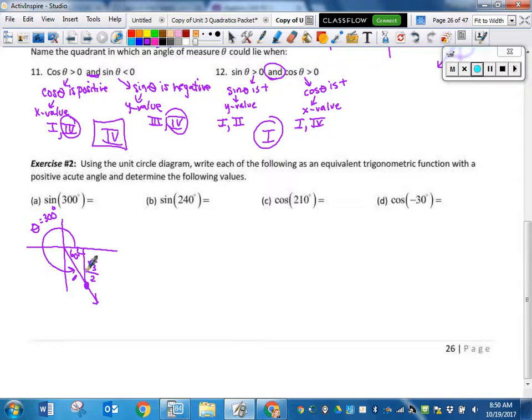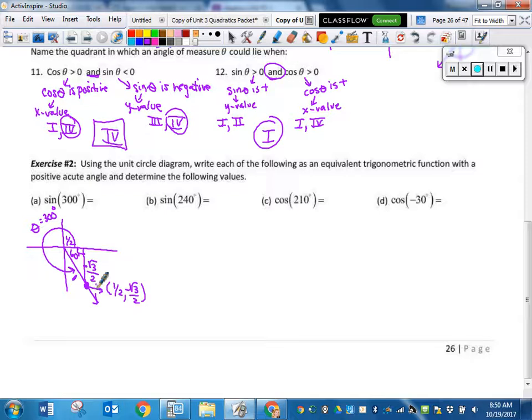But I'm going down, so I need a little negative there. Okay? And my x value, which would be opposite the 30, would be 1/2, and I'm going to the right, so I'm going to leave it positive. Okay, so then coordinates of that point on the unit circle would be 1/2, comma, negative radical 3 over 2.